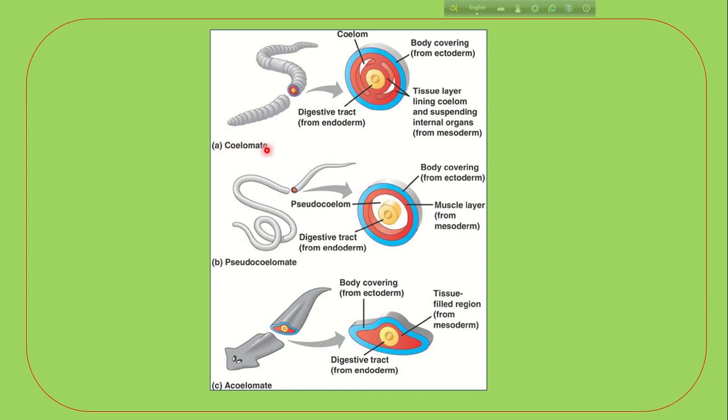On the other hand, in coelomate or eucoelomate animals, there is body covering outside, the digestive canal or digestive tract inside, and the coelom in the middle. This coelom or body cavity is surrounded by peritoneum membrane, and this peritoneum membrane is produced from the mesoderm layer of the embryo.